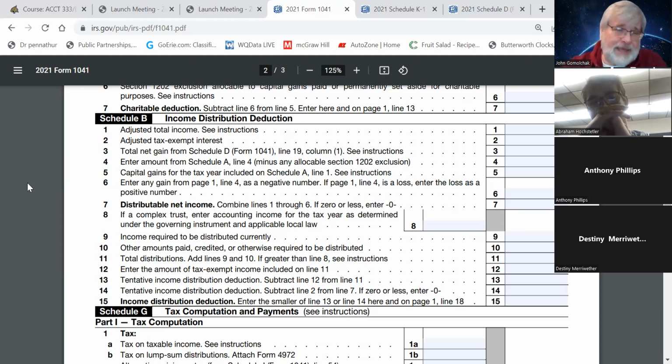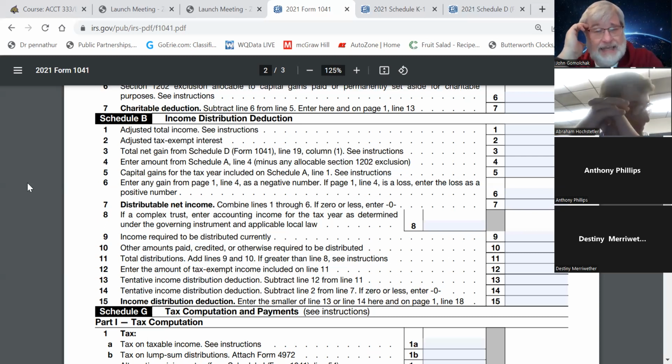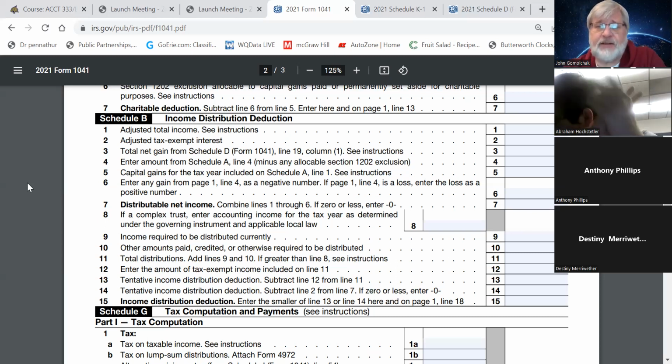Okay, so keep that in mind as we move forward. Line 3, total net gain from Schedule D of Form 1041, line 19, column 1, see instructions. We're going to look at the Schedule D also. The Schedule D is unique to the 1041. So, okay, that's fine.